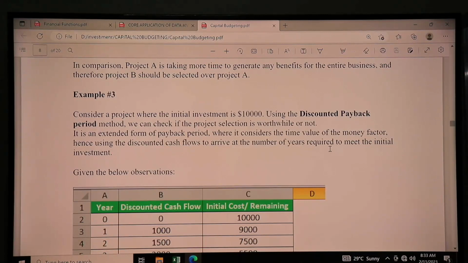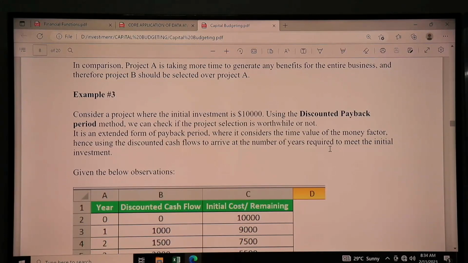Using the discounted payback period method, we can check if the project selection is worthwhile. It is an extended form of payback period that considers the time value of money, using the discounted cash flow to arrive at the number of years required to meet the initial investment.